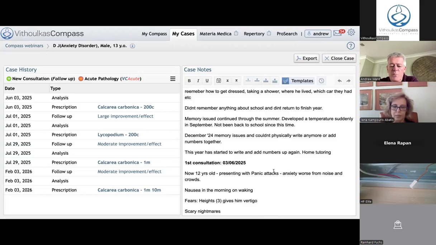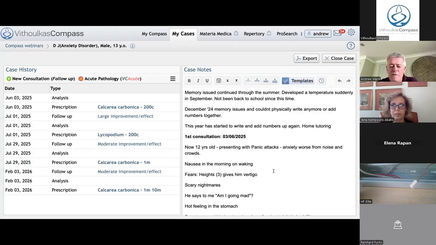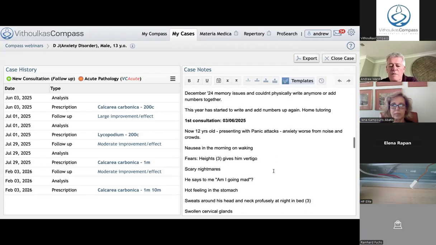Now 12 years old, presenting with panic attacks, anxiety, worse from noise and crowds, nausea in the morning on waking. Fears, very strong fear of heights, giving him vertigo. He can't go to high places. Scary nightmares. He says to his parents, "Am I going mad?"